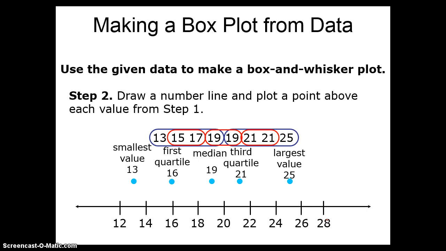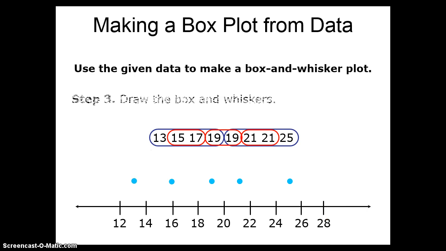Then I plot the smallest value, the largest value, my quartiles and median above the line. Step 3 is to draw a box around your quartiles with a line through the median and whiskers that extend from your first and third quartile to the lower or upper extreme.